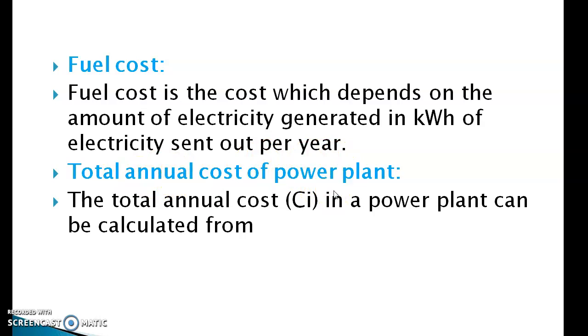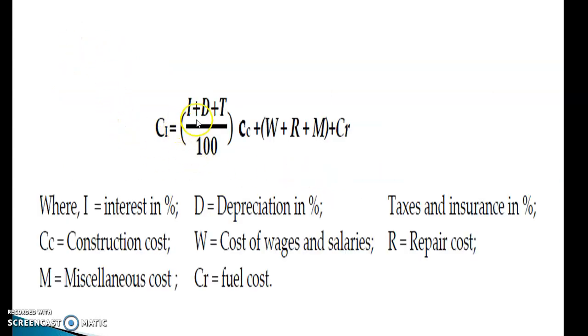Total annual cost of the power plant. The total annual cost CI in a power plant can be calculated from CI = ((I + D + T) / 100) × CC + W + R + M + CR, where I is the interest in percentage, D is the depreciation in percentage, T is taxes and insurance in percentage, CC is the construction cost, W is the cost of wages and salaries, R is the repair cost, M is the miscellaneous cost, CR is the fuel cost.